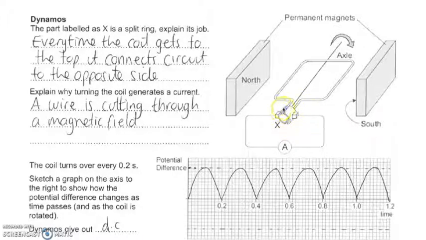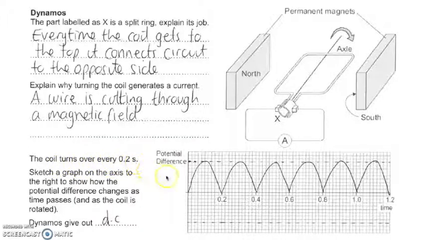But the beauty of the split ring commutator is that it ensures that the current that always comes out from the wire in this direction is always going to go outwards through the ammeter like so. So we get direct current being produced and no negative current or no current produced in the opposite direction.